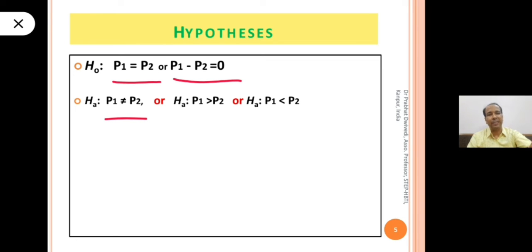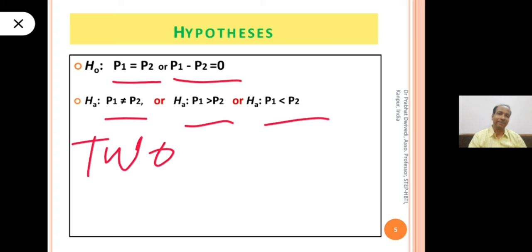Another is P1 is greater than P2. Still another is P1 is lesser than P2. When there is a not equal to sign in the alternative hypothesis, we conduct a two-tailed test. When the sign is greater than, we conduct a right-tailed test. When the sign is lesser than, we conduct a left-tailed test. That's how the tails of the test are decided.